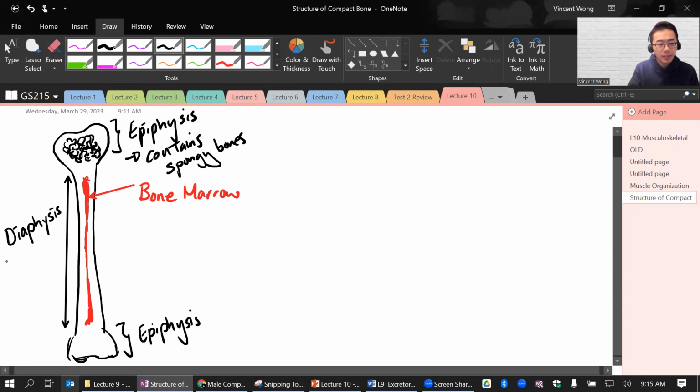Okay, contains compact bone. So the compact bone is much denser compared to the spongy bones, and it's excellent for providing strength.